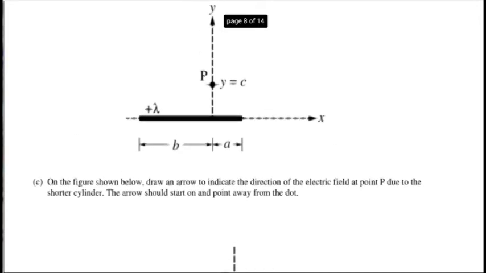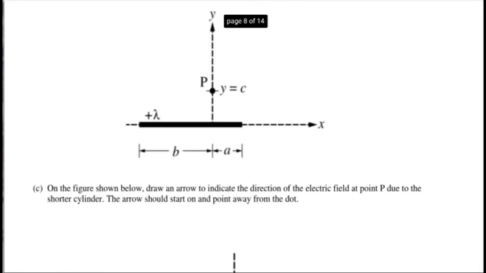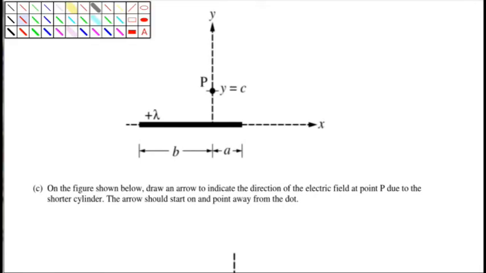So we use the same reasoning that we did earlier in this problem. The charge to the left of point P creates a field pointing away from the cylinder and to the right. So everything over on this side of point P generates some field that points up and to the left, and that changes, of course, as you move along.